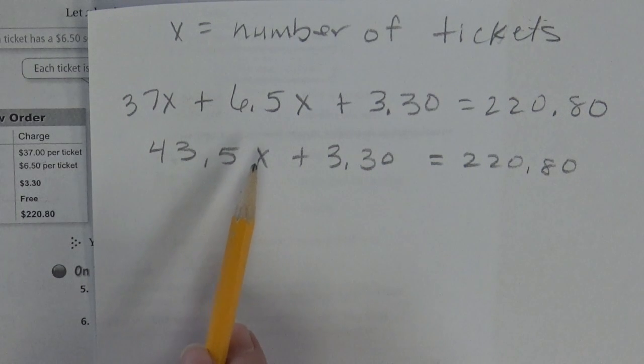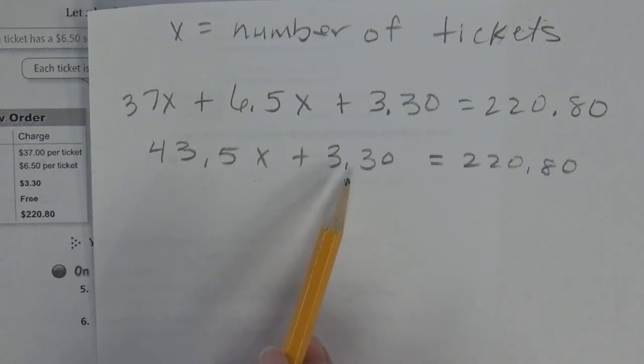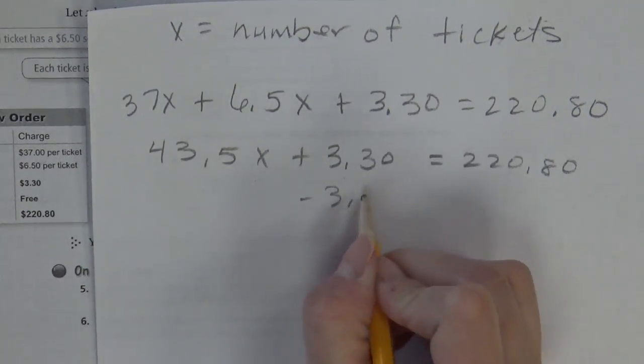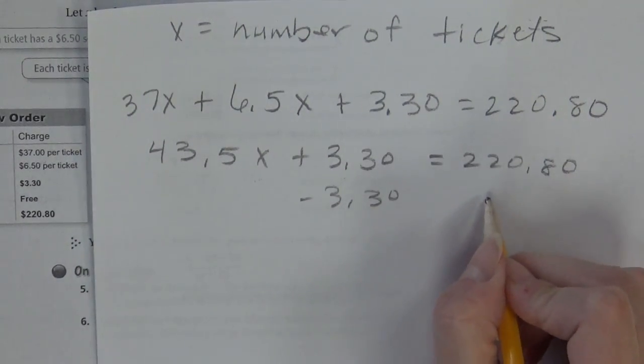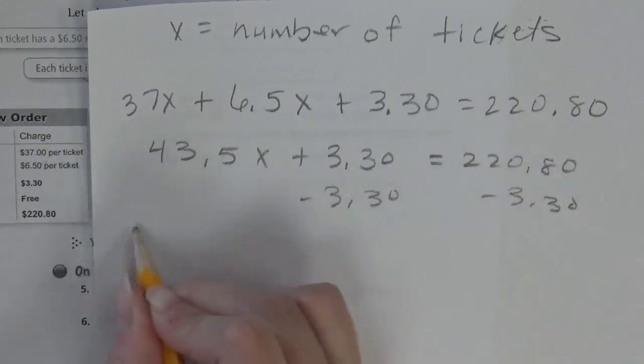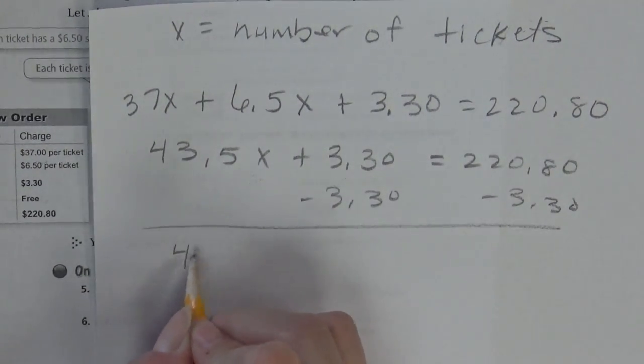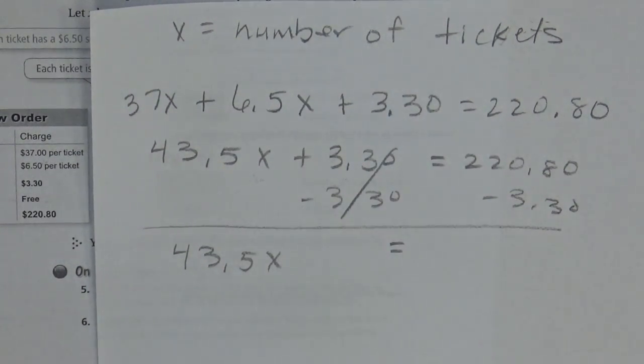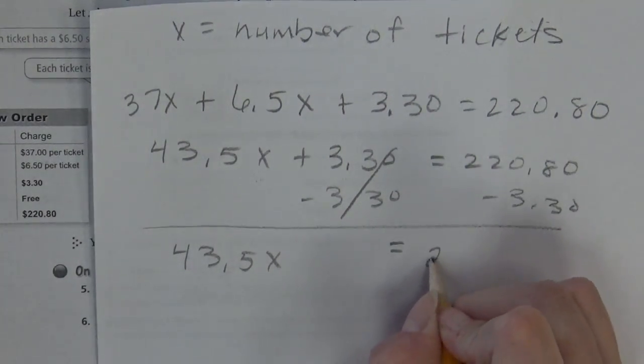I see this is the term that has x. I've got to isolate it, so let's get the 3.30 to the other side. We're going to undo that addition by subtracting 3.30 on both sides. That gives me 43.5x equals 217.5.